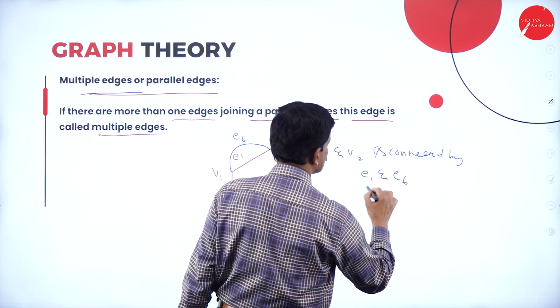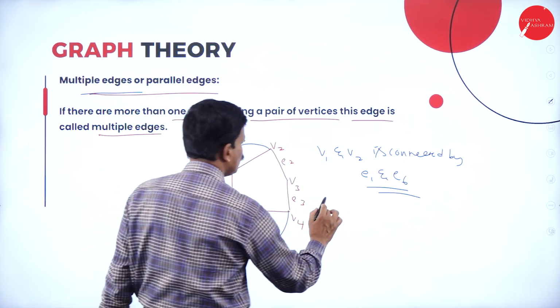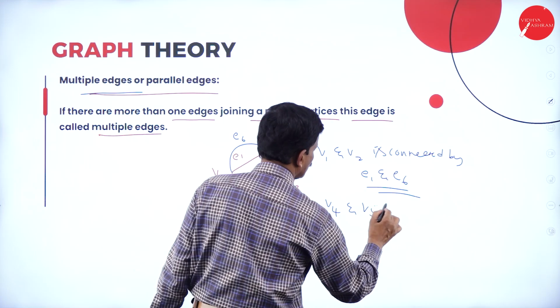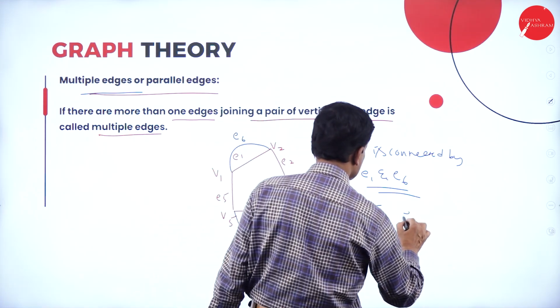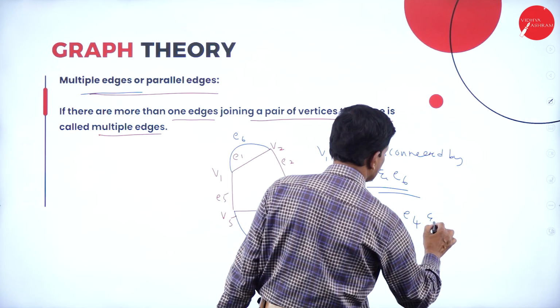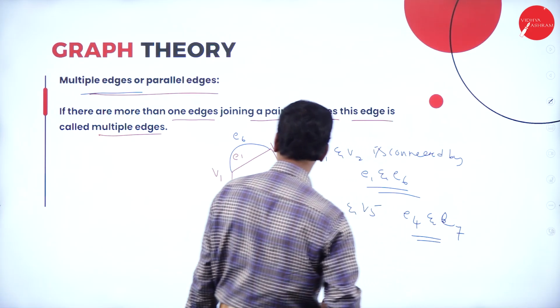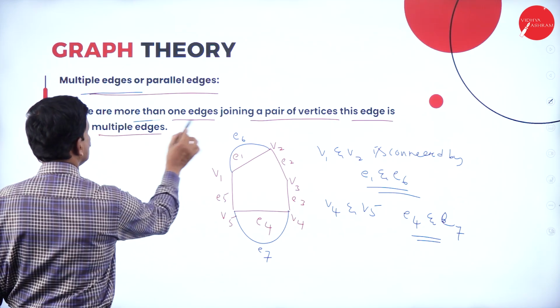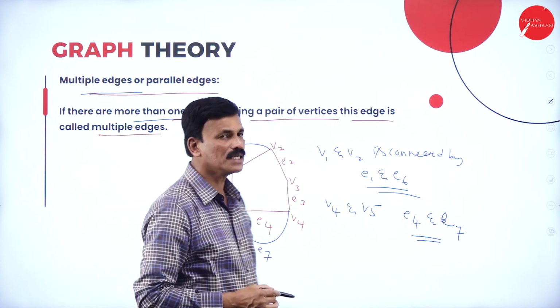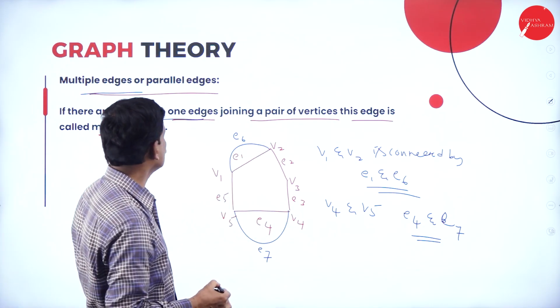Similarly, the vertices V4 and V5 are connected by the edges E4 and E7. Therefore, these are called multiple edges, or they are also called parallel edges.